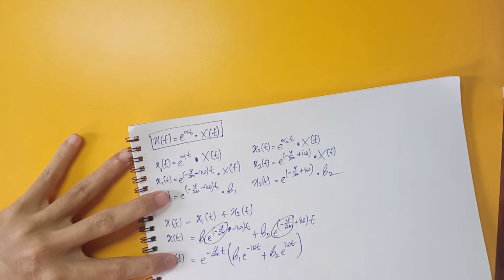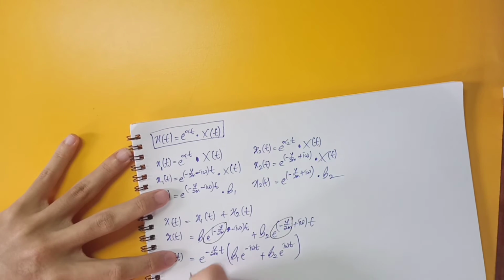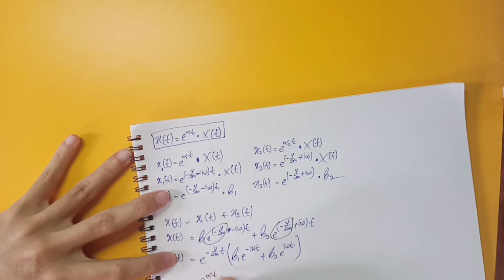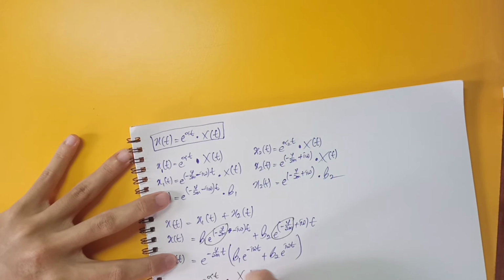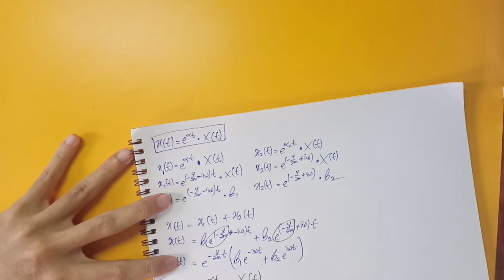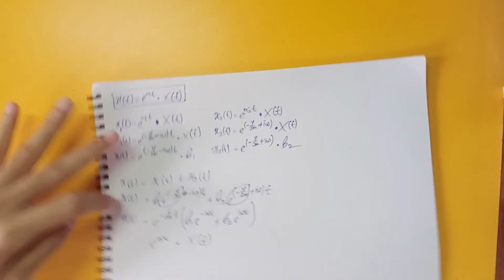Now what? This is what represents the exponential power of alpha t times x(t). This one can be read through like this one.